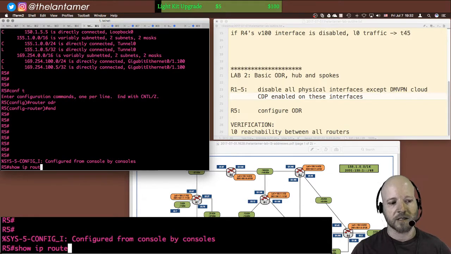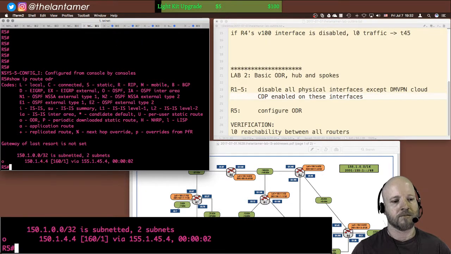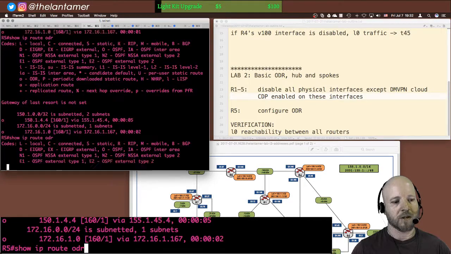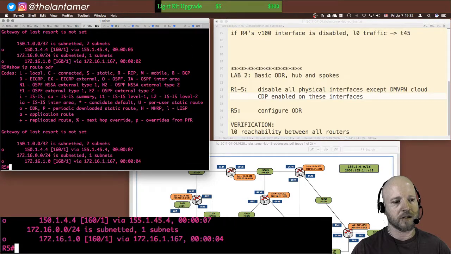Okay, I knew I needed CDP, but I missed that one step. We have to wait for it to cycle through to learn the other ones.